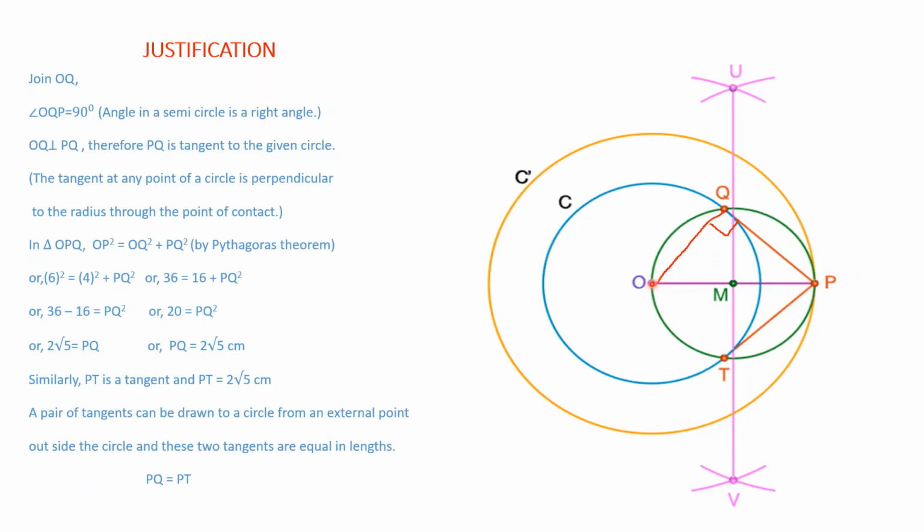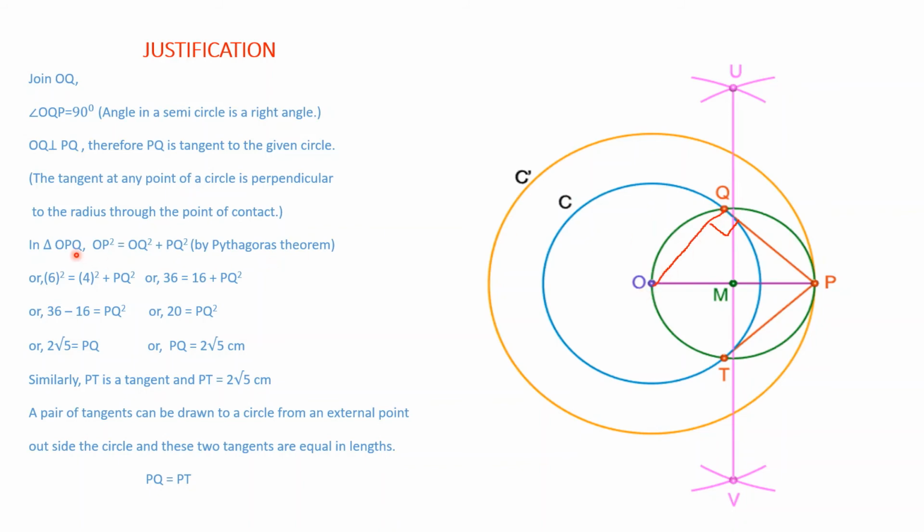Now see this triangle OQP. OQP is a right triangle where angle Q is 90 degrees. Now we have to apply the Pythagoras theorem for it. So OP is the hypotenuse, so OP square equals the sum of the squares of the other two sides. So OP square equals OQ square plus QP square, where OQ is the radius of the circle C, which is 4 cm.